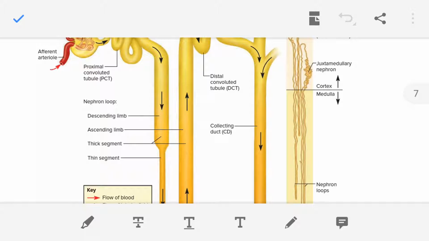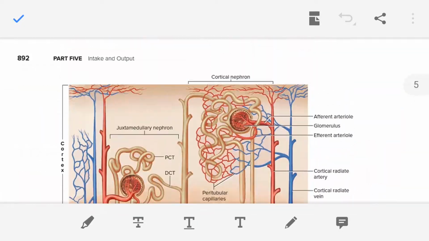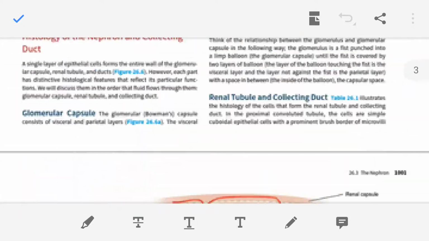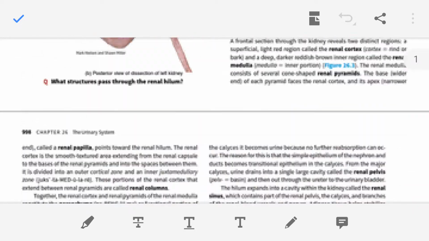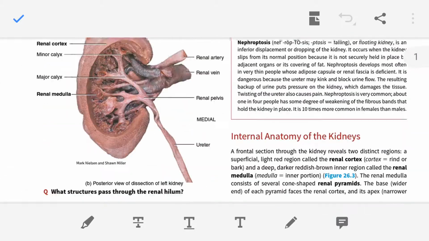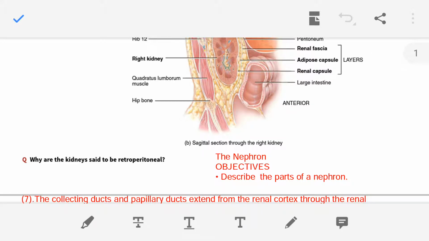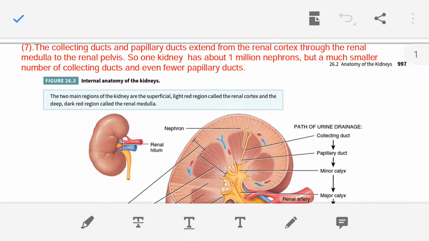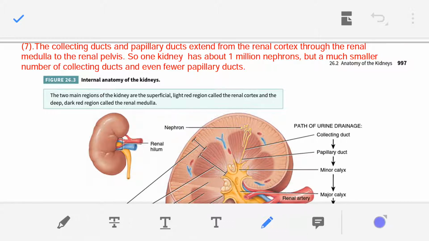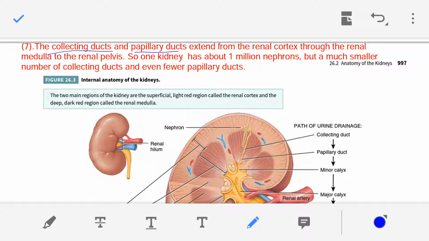Now we are discussing the seventh point. In the seventh point, the collecting duct and papillary duct extend from the renal cortex through the renal medulla to the renal pelvis.